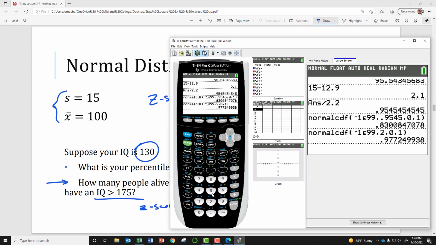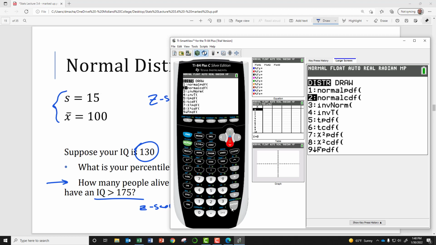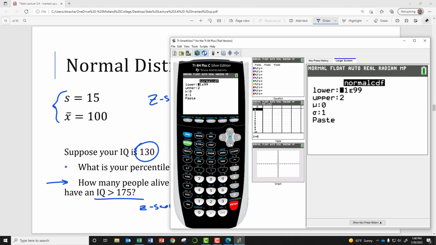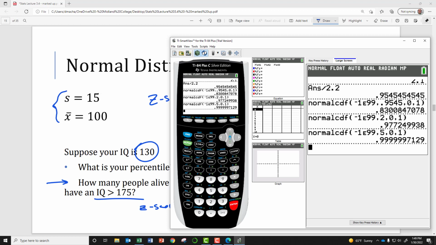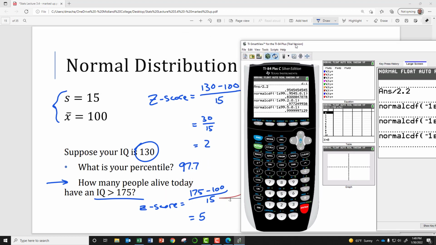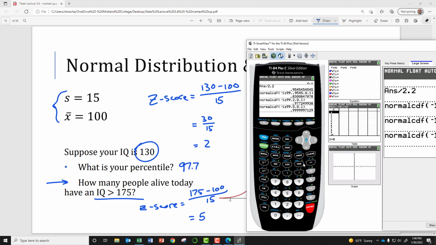Let's find the percentile. So second VARS, go down to normal CDF. The upper is going to be 5 this time, because that's the z-score I'm concerned with. So click paste, enter. And this is the percentile. It would be the 99.9999997 percentile. So basically an IQ of 175 is just extraordinary.